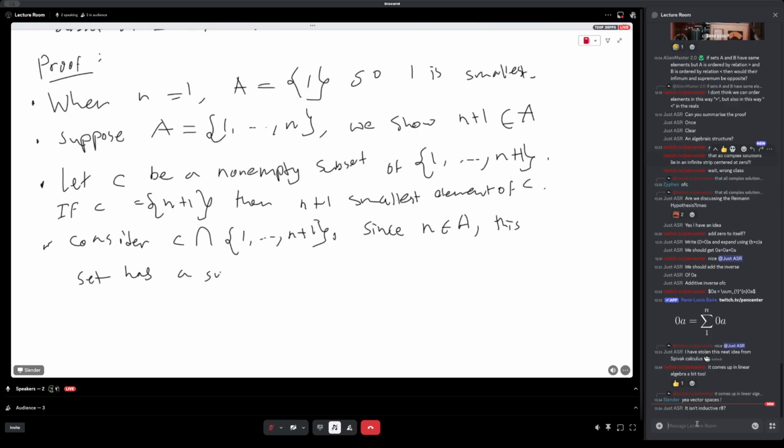Since we assume that it holds for n, this set has a smallest element. So this shows that C has a smallest element as well.